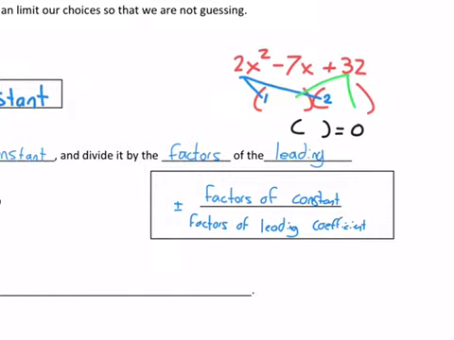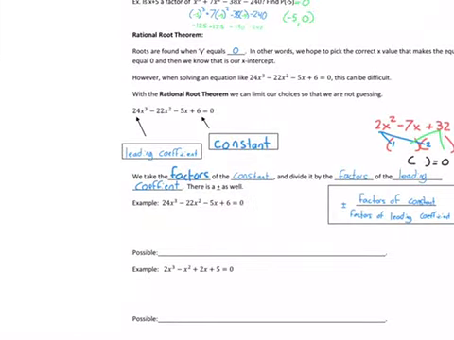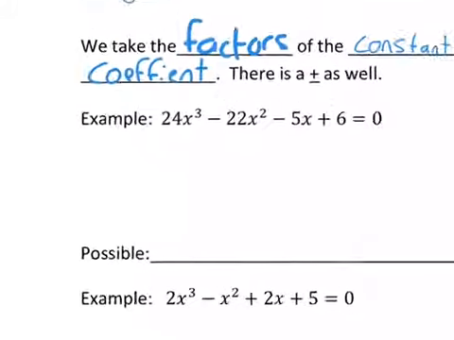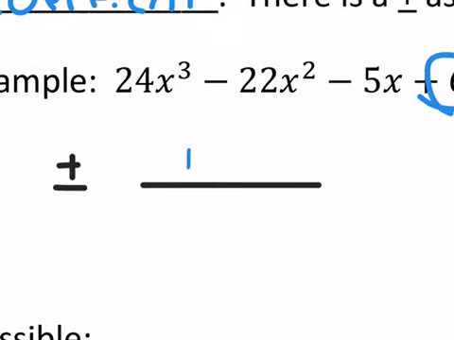And just like with factoring, sometimes there'd be a whole bunch of combinations and possibilities. Let's take a look at this one here. So we'll set up our formula. Plus or minus, and we need to look for factors of 6. So I could do 1 and 6, I could do 2 and 3, and then 6.